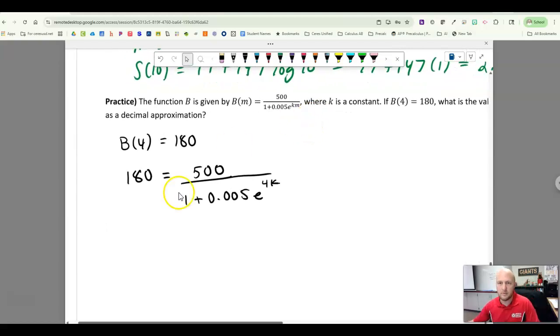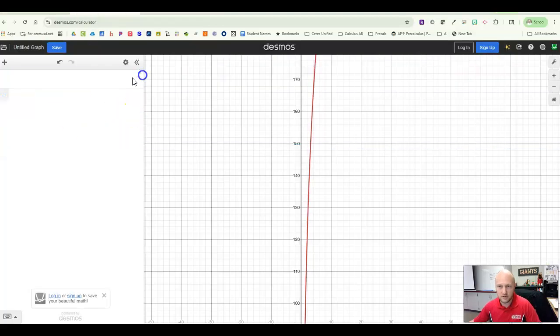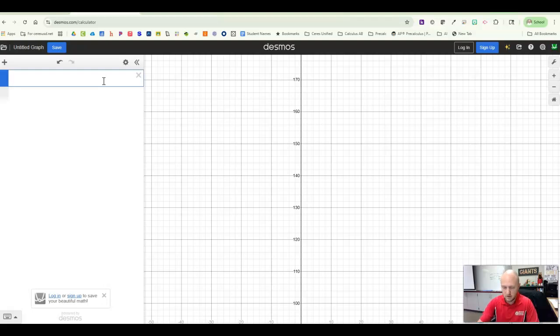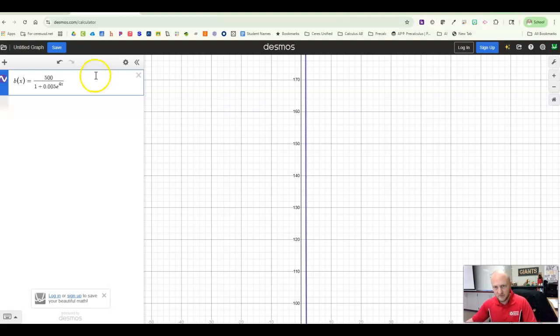So what I'm going to do is graph this. I first want to graph my function. So let's call this b of x equals 500 divided by 1 plus 0.005 e to the power of 4x. And now I'm going to graph 180.